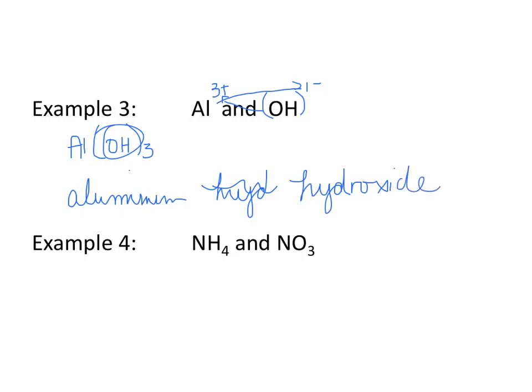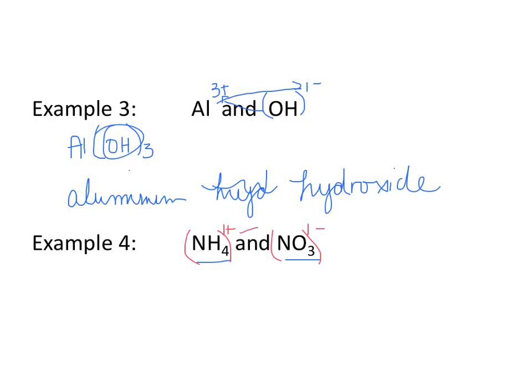Alright, the last example. You've got NH4 and you've got NO3. If you look up on your notes, a couple slides up, this was 1 plus, this was 1 minus. So again, you don't do anything with the stuff that I'm putting in parentheses. You are crisscrossing charges.